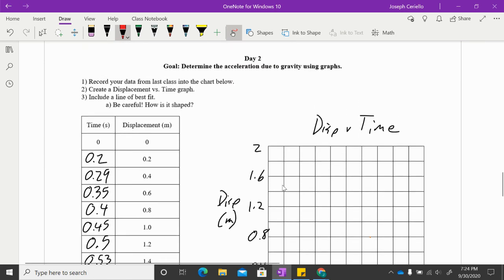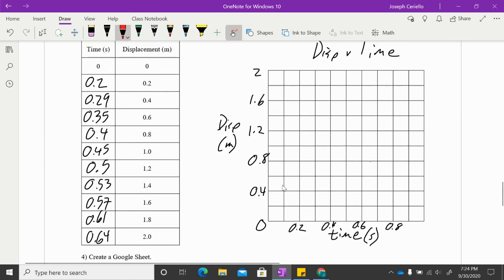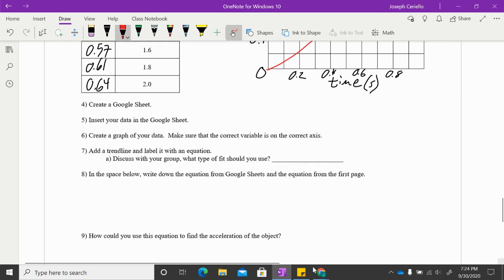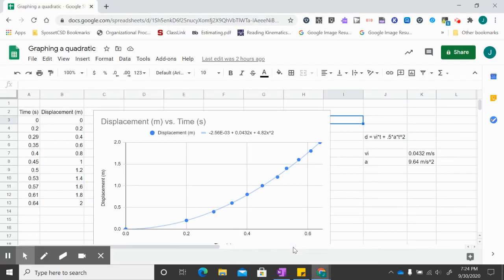So we did this the second day of lab. We plotted our data, all right? I'm not going to plot that for you, but your data would look something like this. Get a nice quadratic or a nice polynomial. When you put it into Sheets, it would look something like this. Let me talk a little bit about this.